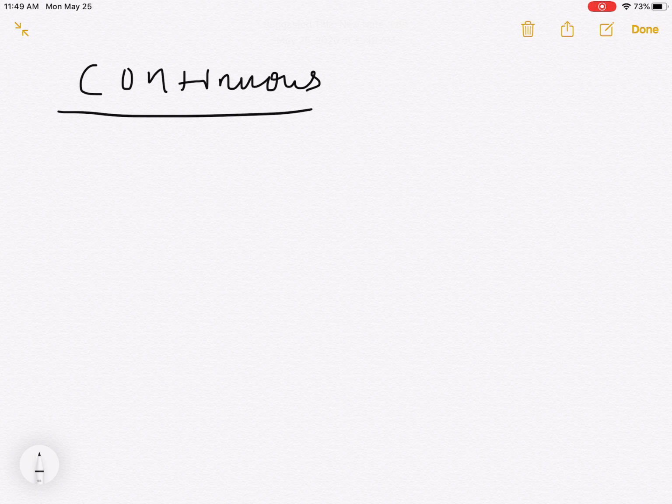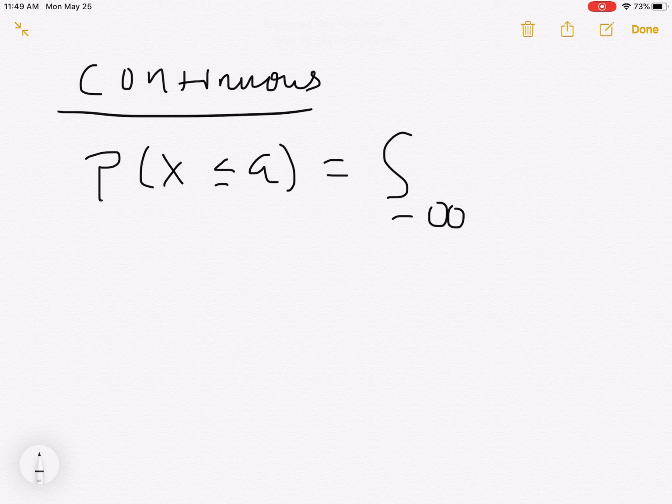Now, for a continuous density function, there are some big differences. If you want to calculate the probability x is less than or equal to a value a, that's going to be this integral from minus infinity to a of f of x dx.